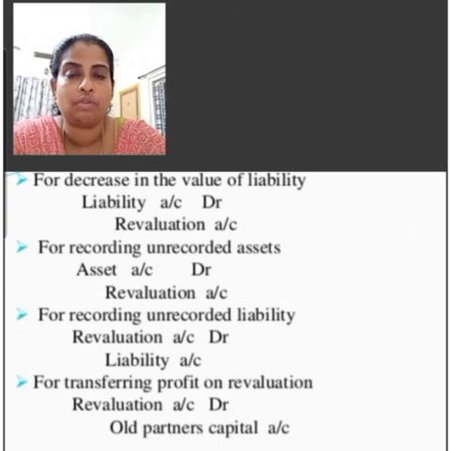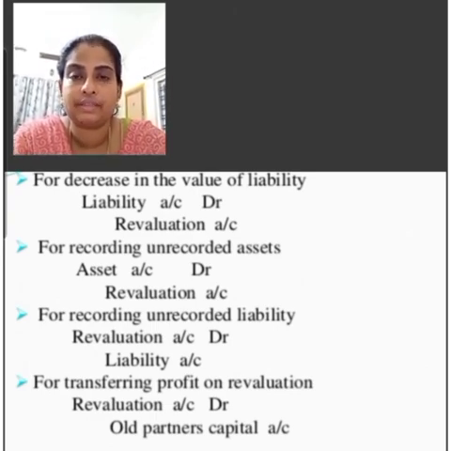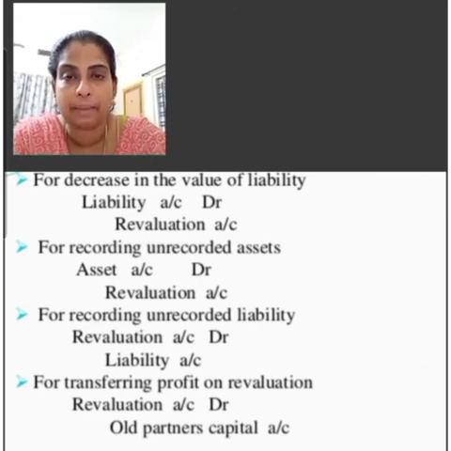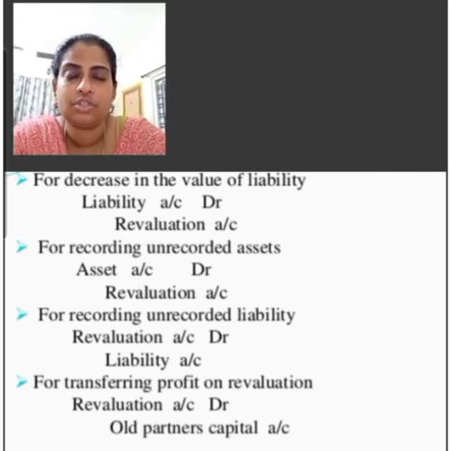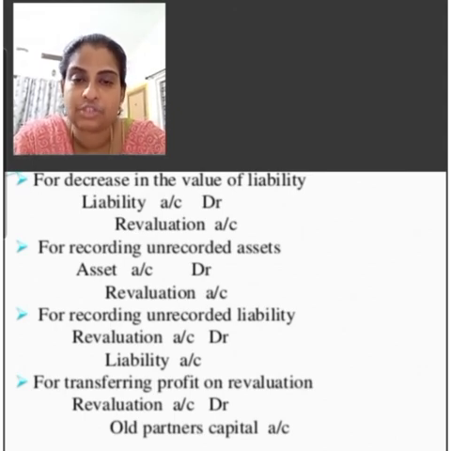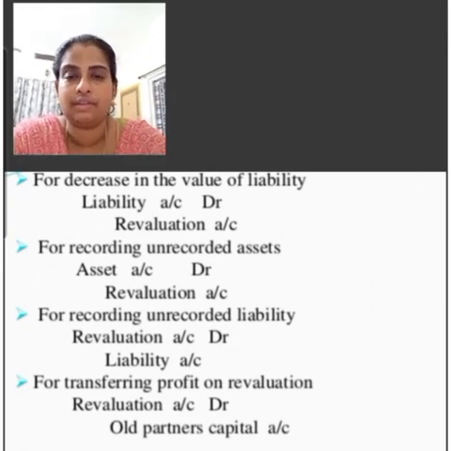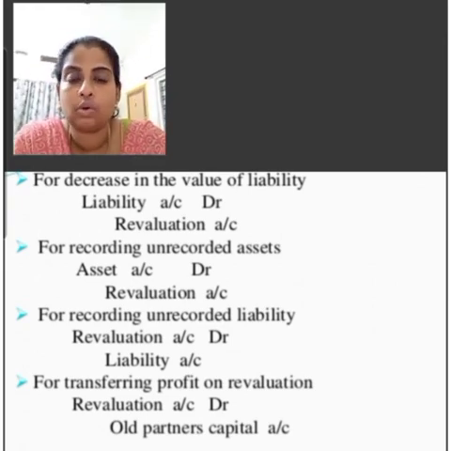For transferring profit on revaluation, the entry will be revaluation account debit to old partners' capital account. For transferring loss on revaluation, the entry will be old partners' capital account debit to revaluation account, being loss transferred to revaluation account.